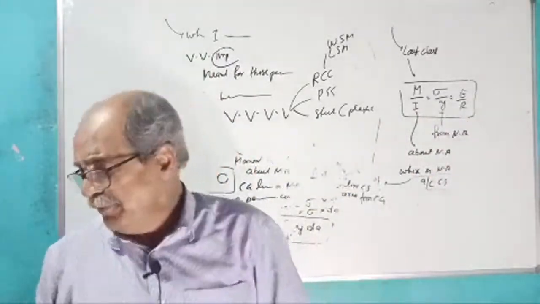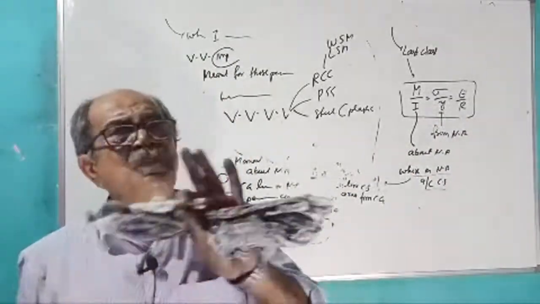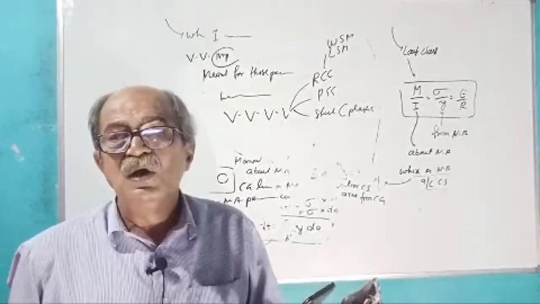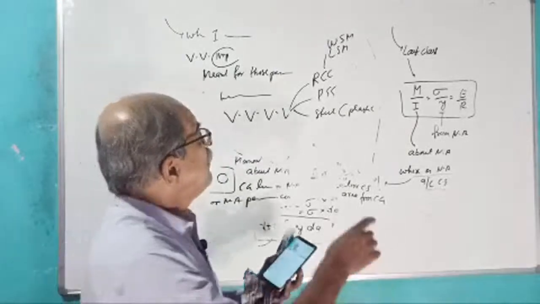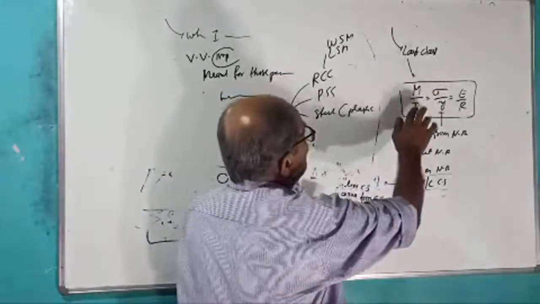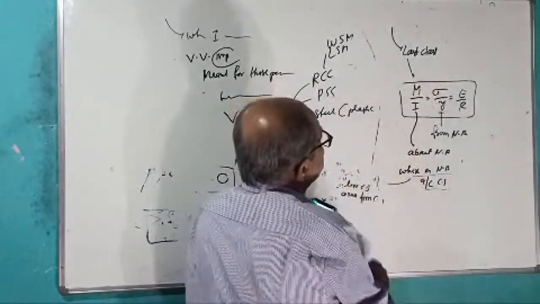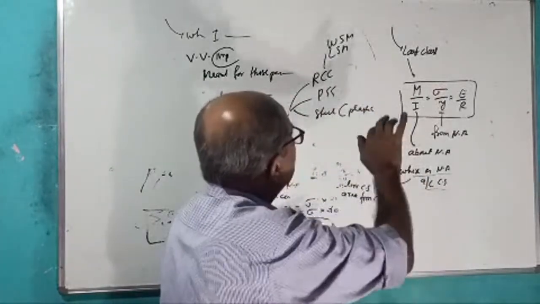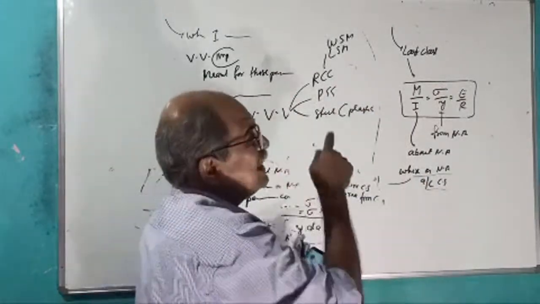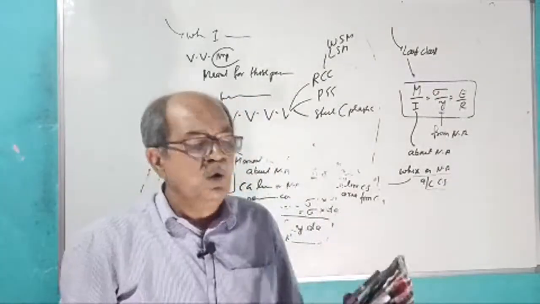For me, no problem. I consider only live people. If you want, I will take up the example. Let them first understand the derivation part, how resistance comes.